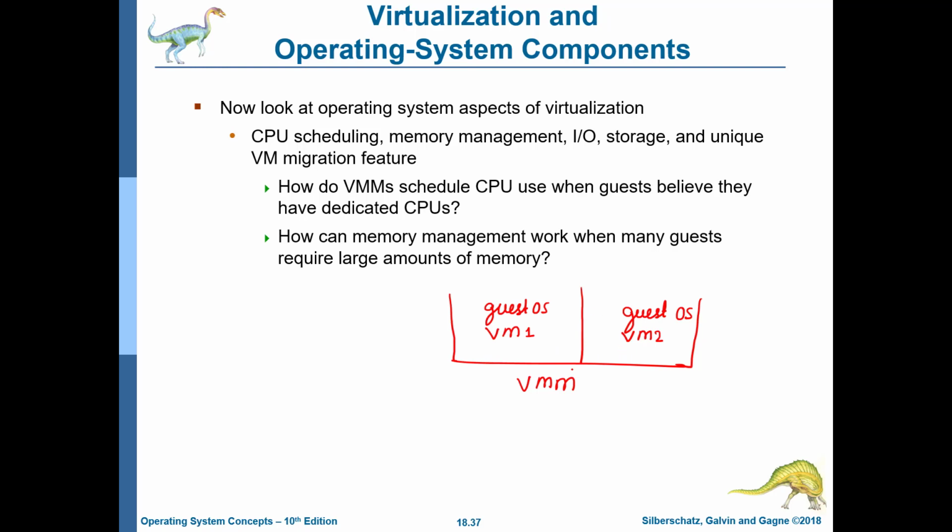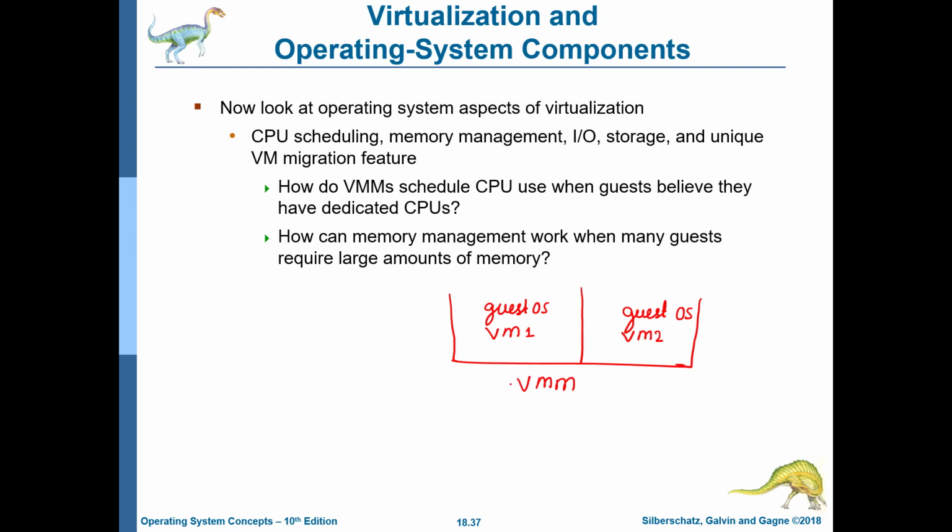But it will actually get, let's say, 50% of the time. So there will be a mismatch. The virtual machine and the guest OS are going to think that they are progressing at a certain rate because they have access to all the hardware, and that too exclusively. But they will actually be progressing at half the rate, and this can cause serious problems if the OS is coded in a certain way. It can lead to a correctness issue, but it will definitely lead to a performance issue.